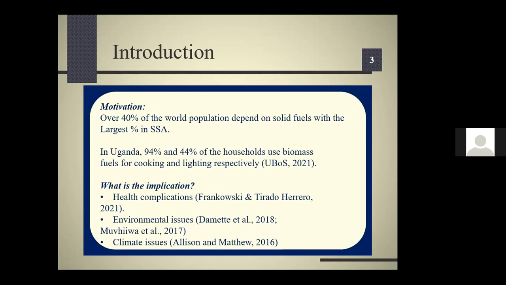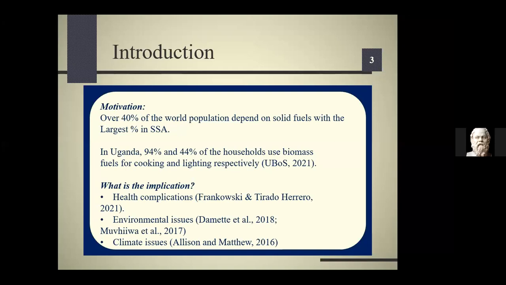Now, what is the implication of this? There are three things that I would like to share. One is that unclean energy sources emit some dangerous gases, especially carbon dioxide and others.